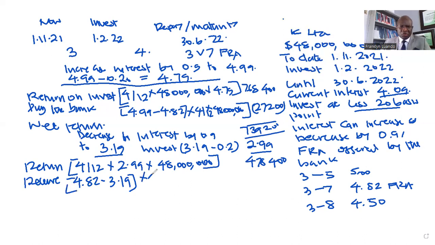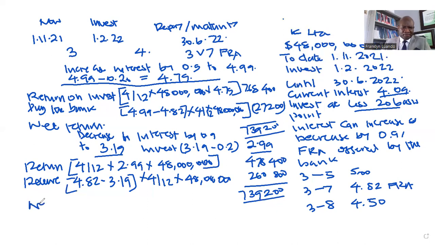Multiply by 4 upon 12, multiply by 48 million. So they will receive 260,800. The net receipt will be 739,200. That will be the net receipt.